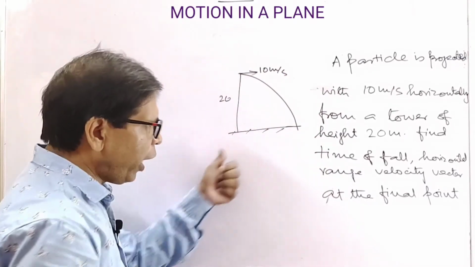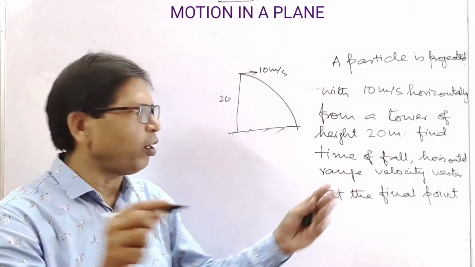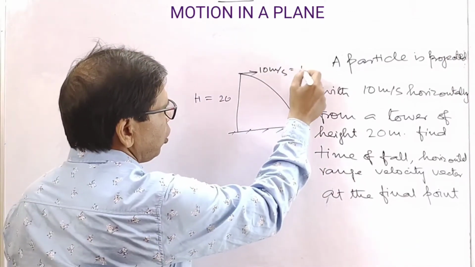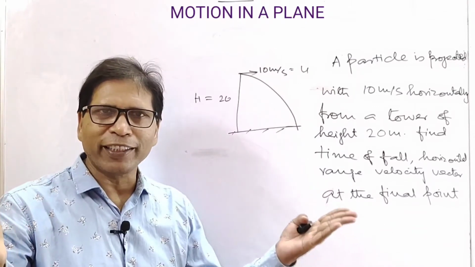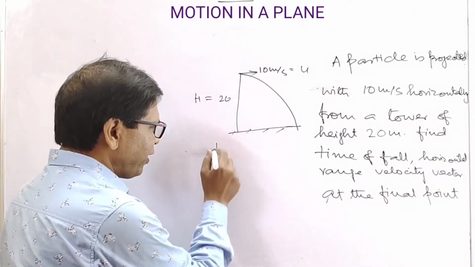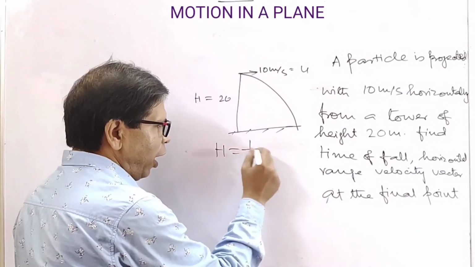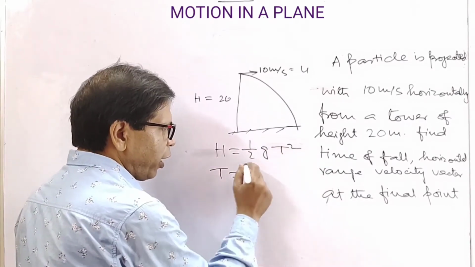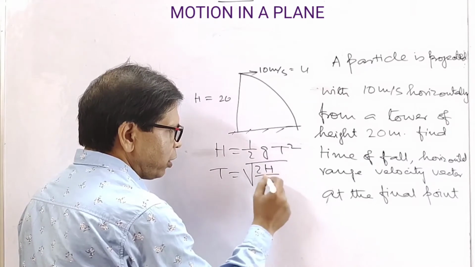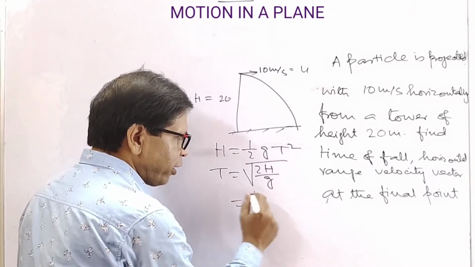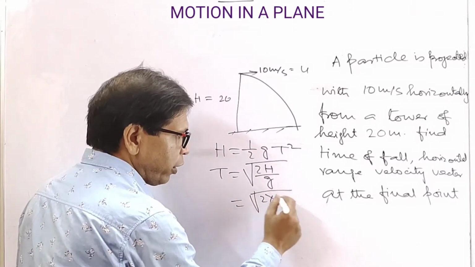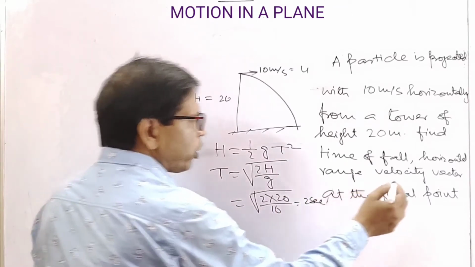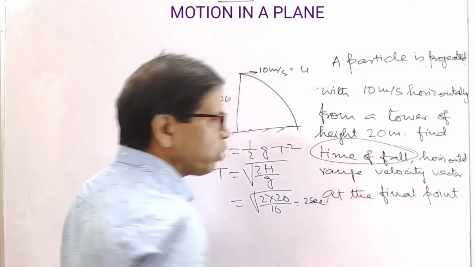Now we have to calculate the time of fall. This is the height h and this is the velocity u. Suppose the time of fall is capital T. So h equals half g t square, so t equals root under 2h by g, which is 2 into 20 over g equal to 10. So this is 2 seconds. So the time of fall is 2 seconds.